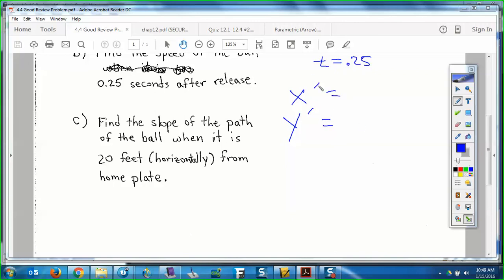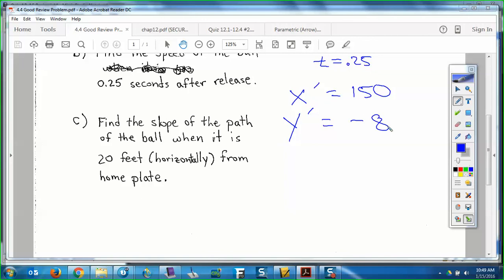So what would the horizontal velocity be? 150. What's the vertical velocity? Right. What is that? -8 feet per second.